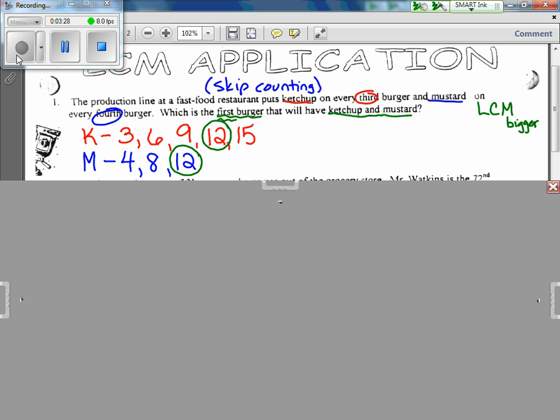Where are they the same? They're the same at 12. If I kept going, they would also be the same at 24 and then 36. But remember that I'm looking for LCM, meaning least, which just means the first time that they have a number in common. So for this specific one, we have a 12, which means that the 12th burger has both ketchup and mustard.